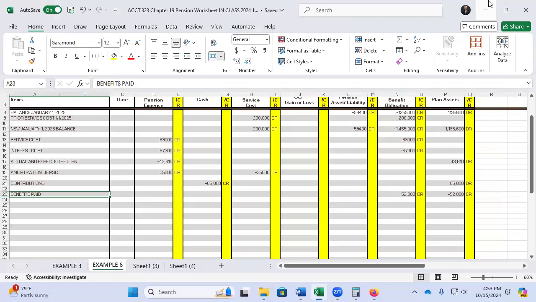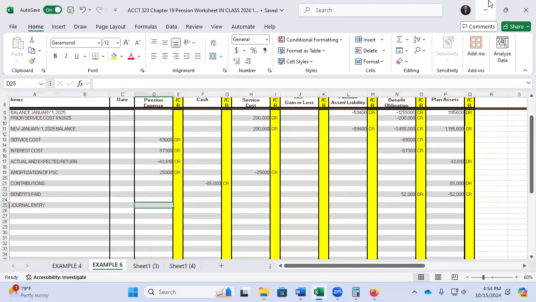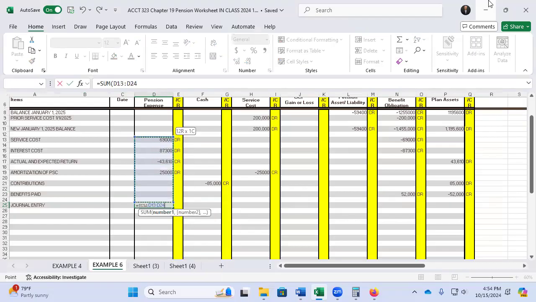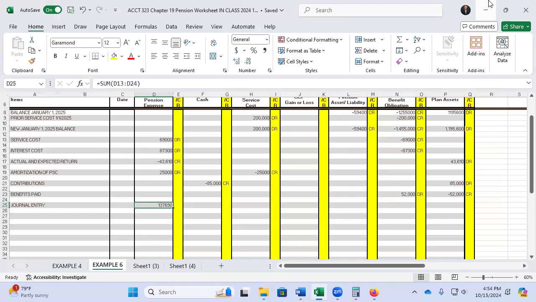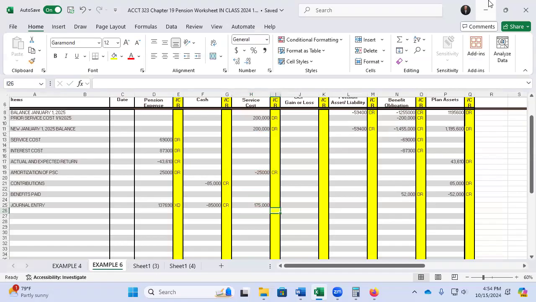And so now we just have to calculate the journal entry. We're taking the net here on the prior service cost.